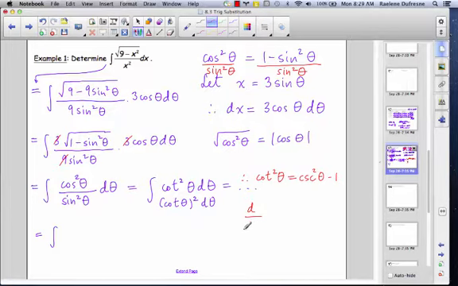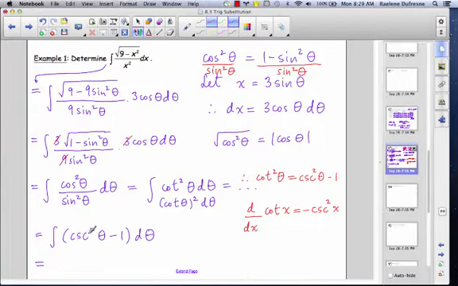The question is who? Well, if we recall, the derivative of cotangent x is equal to negative cosecant squared of x. And so this is a good option. Let's use a trig identity substitution for cotangent squared, and we get the integral of cosecant squared of theta minus 1 d theta.